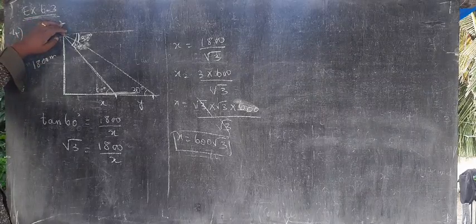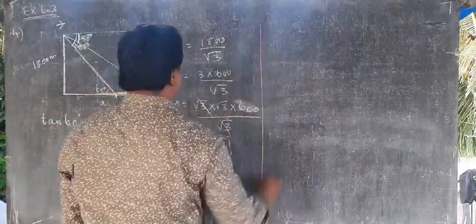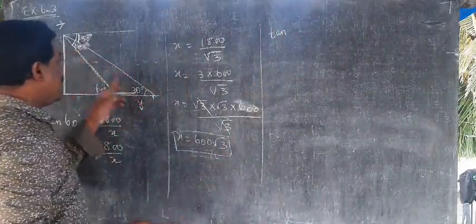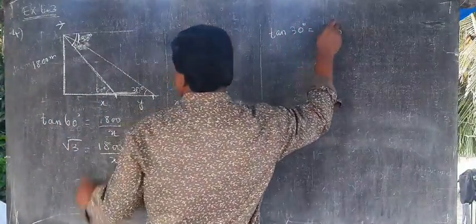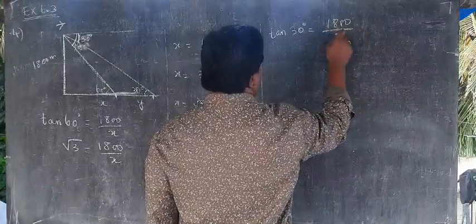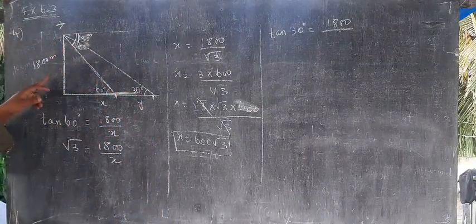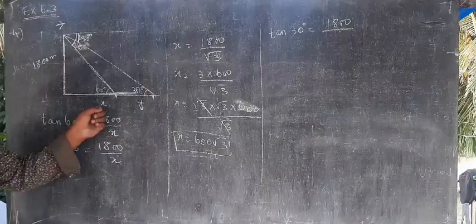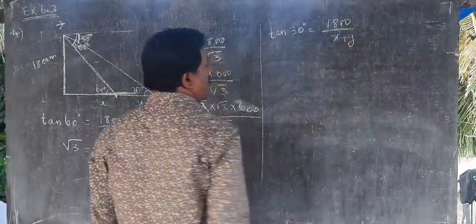From the top they are seeing the second boat. So tan 30 degrees: opposite is 1800, adjacent is x plus y. So here we need to write x plus y.